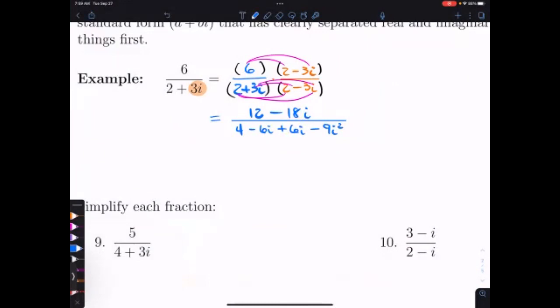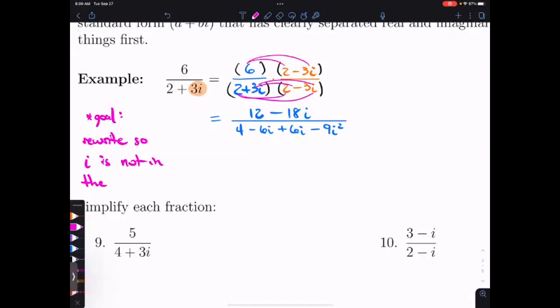So we're talking about the division by a complex number. It's weird to try to make sense of dividing by a complex number, so our goal is to rewrite this so that i is not in the divisor or denominator, since we're writing these things as fractions.